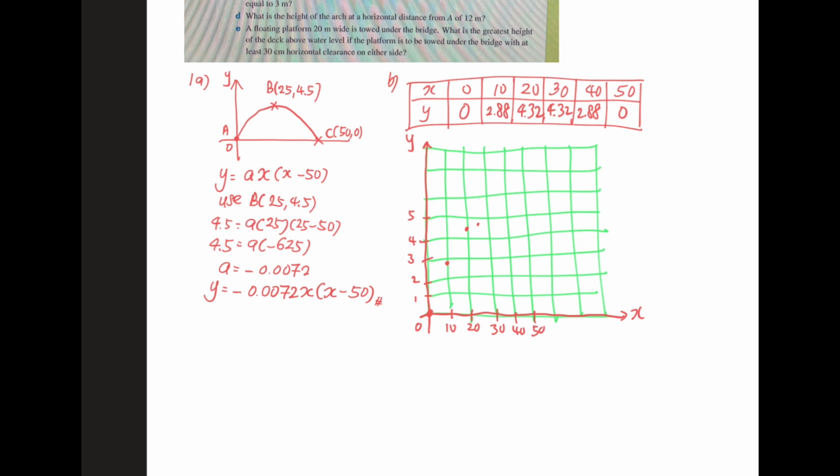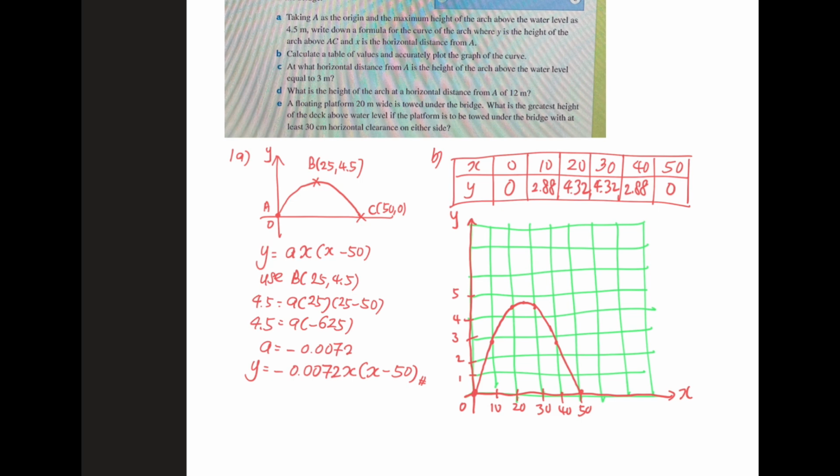So somewhere here. And then after that, 30, 4.32 here. And then 40, 2.88. Then we draw the graph. Okay, so this is the graph. And now let's look at c then.